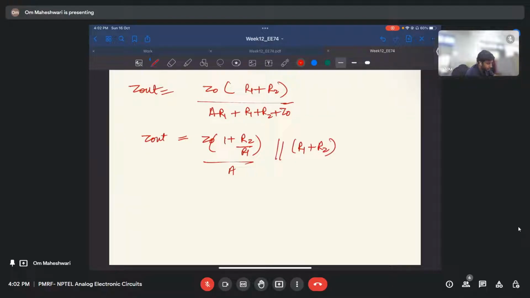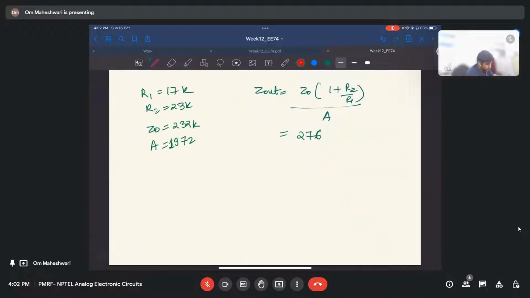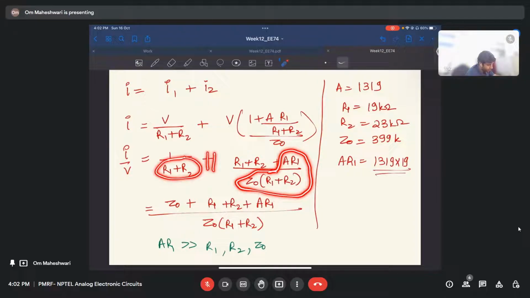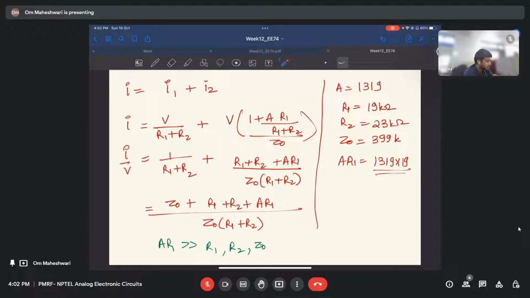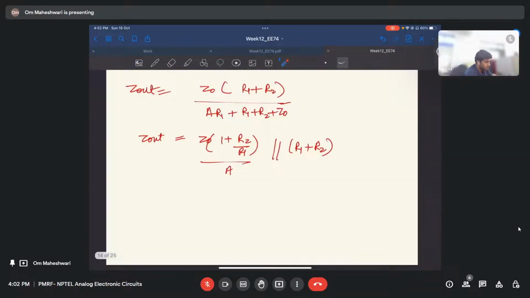So essentially we had done this thing only when we were looking at it here. Z naught is this term parallel with this term, right? When we invert it, it will come out to be similar, right? So this is what we are writing in this form here.